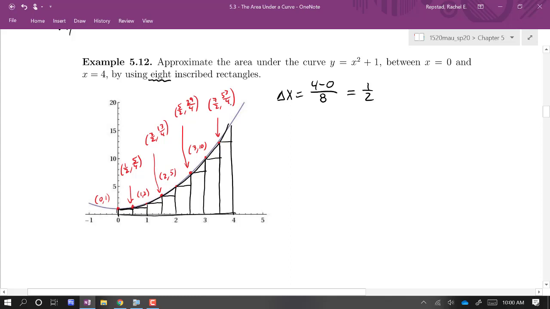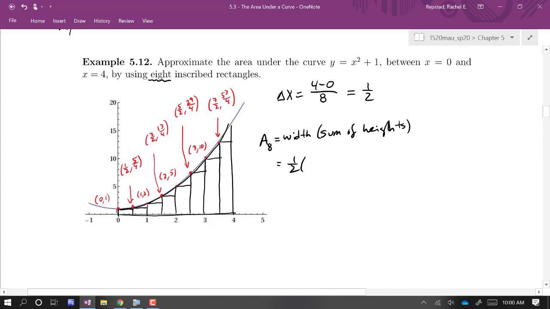Those are our heights. So when we find the approximate area with 8 rectangles, I'm going to do the width times the sum of the heights. That width is 1/2, and then I'm going to add up all the heights.